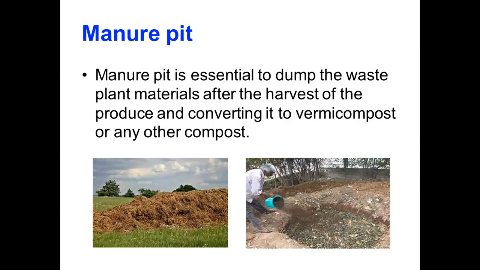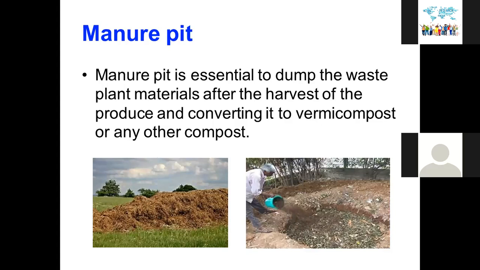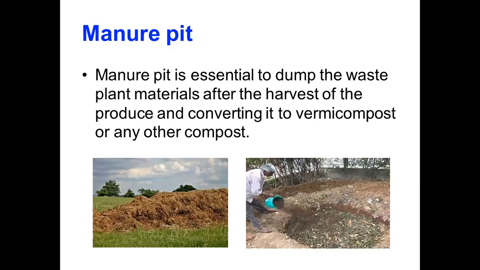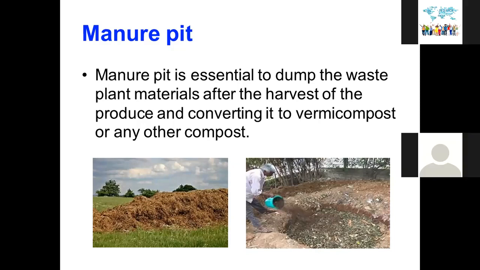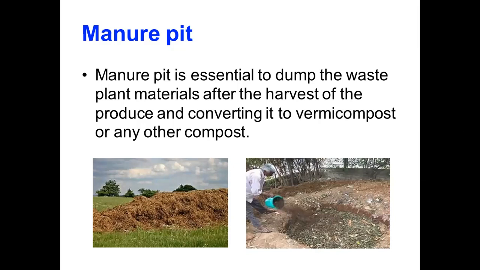Another thing that may be required for an ideal garden is a manure pit, where one may make compost manure. Compost manure is simply organic manure that is made from remains of vegetation.